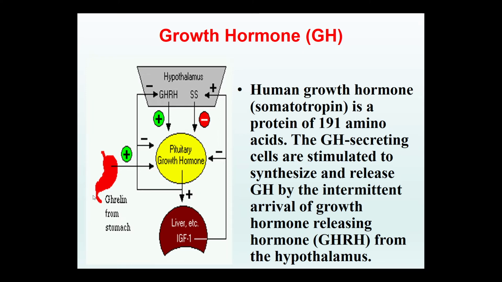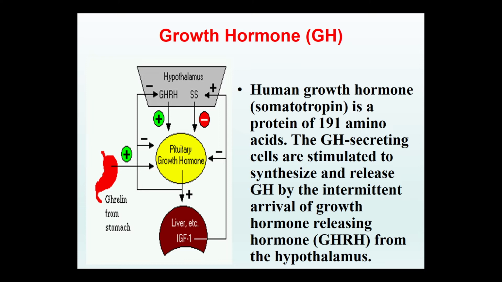Now pay attention to this. Ghrelin. Ghrelin is a peptide hormone secreted from the stomach. Ghrelin binds to a receptor on the somatotrophs and potently stimulates secretion of growth hormone.